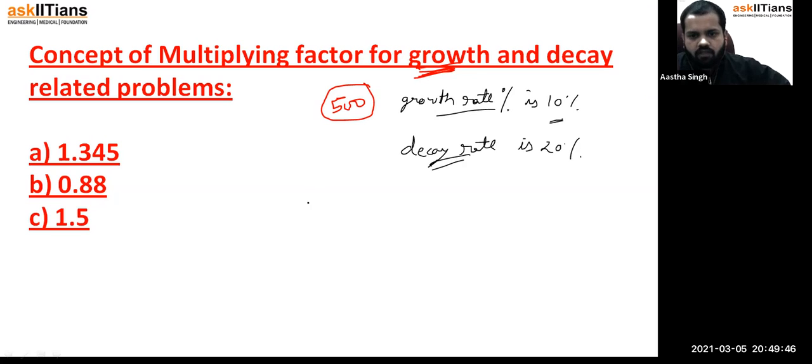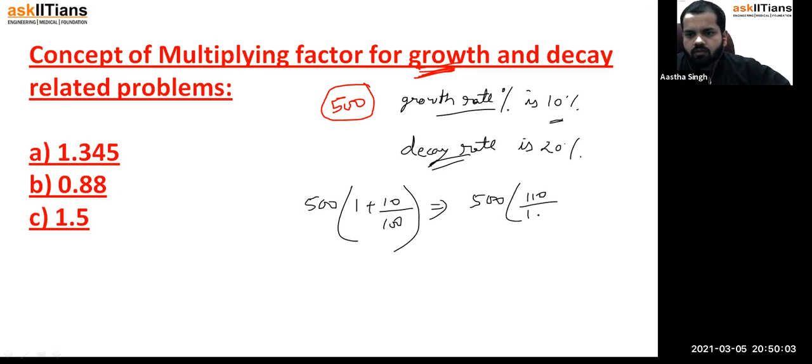Suppose 500 was there. If its growth rate is 10%, it means it will be 1 plus 10 upon 100, right or not? So 500 into 1 plus 10 upon 100 will be what? 110 upon 100. This will be 550.